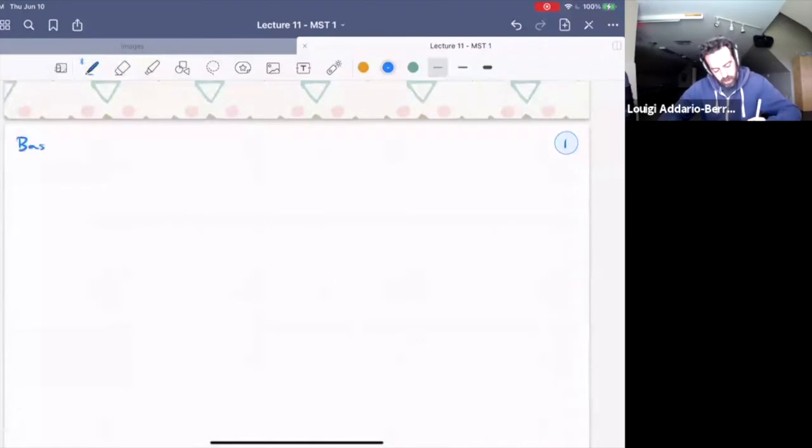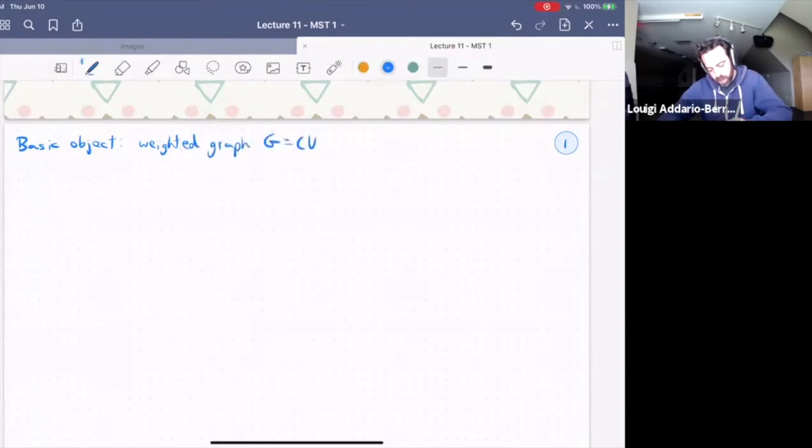So the basic object that we'll be considering the whole time we're studying minimum spanning trees is a weighted graph. I guess usually connected, so a weighted graph G, and the generic notation for weights is some vector which puts weights on the edges of the graph.